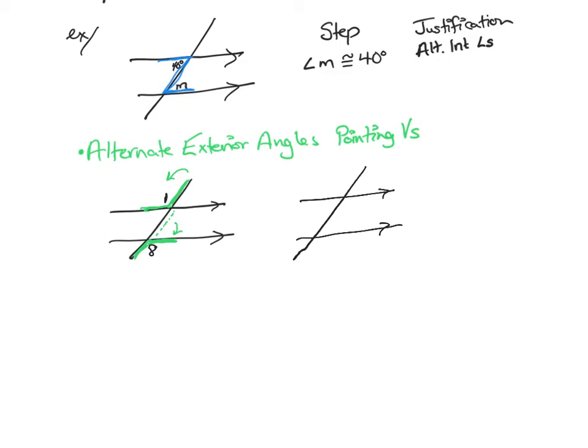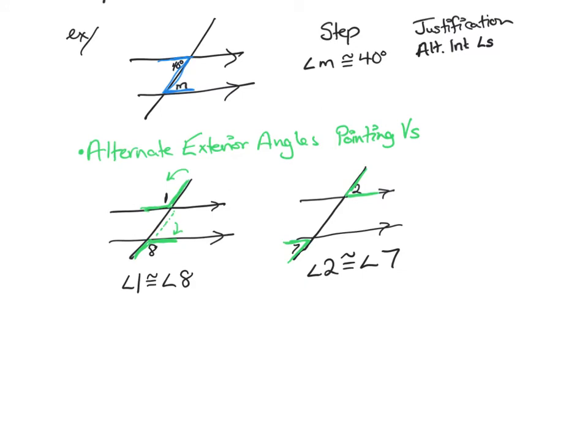So here we had angle 2 and here we had angle 7. In this case, they are both exterior, outside the parallel lines, and on opposite sides. So what does this mean? It means that angle 1 is congruent to angle 8, and angle 2 is congruent to angle 7.